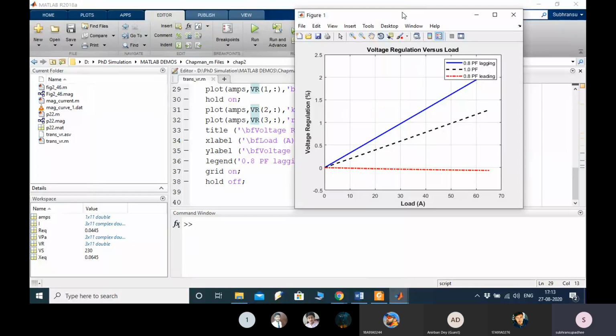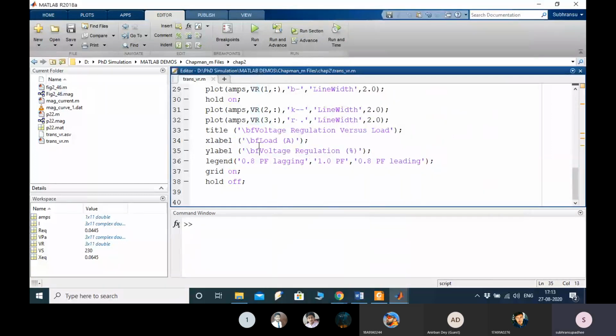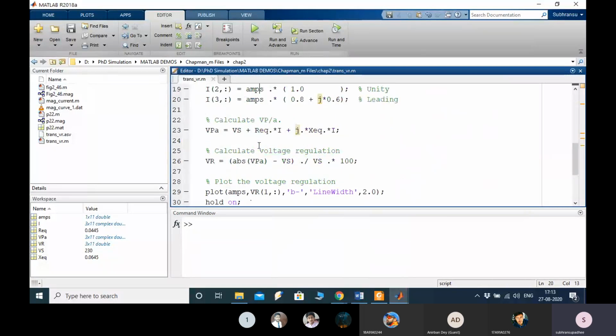And here we are trying to find out the relative voltage regulation of the transformer with power factor. How to do that? Using R equivalent and X equivalent. Here it is E2 minus V2 by E2.